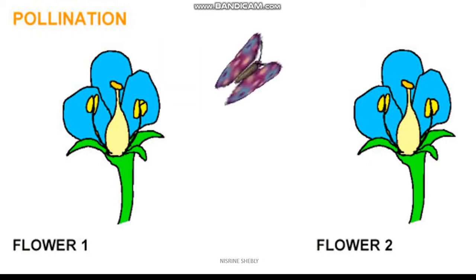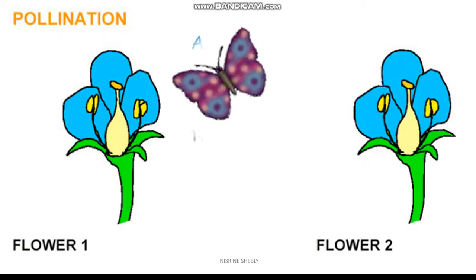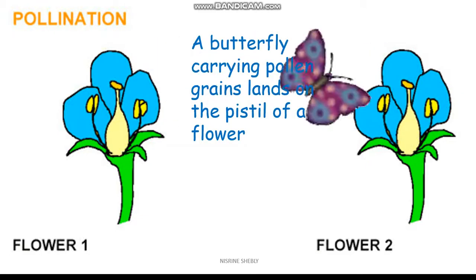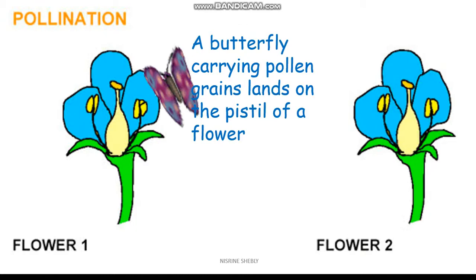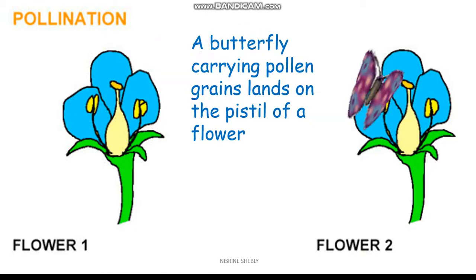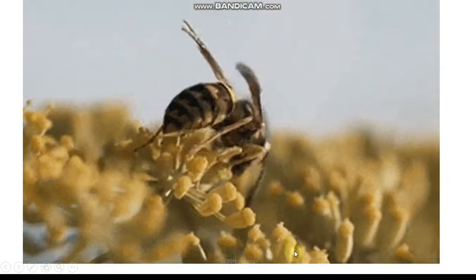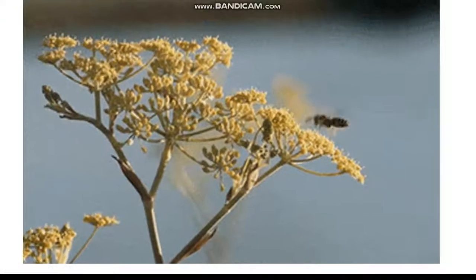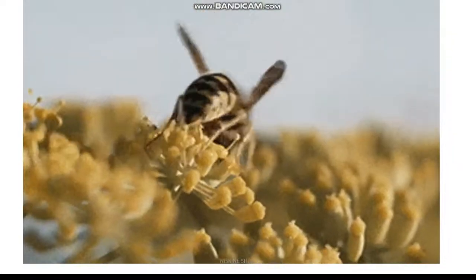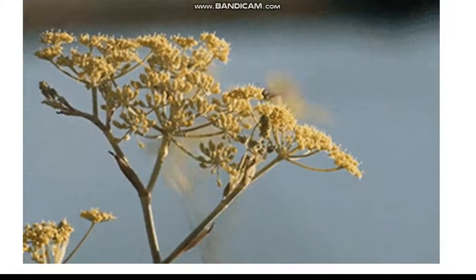The butterfly carries the pollen grains from a flower to another flower. A butterfly carrying pollen grains lands on the pistil of a flower. The bee carries the pollen grains from a flower to another flower.